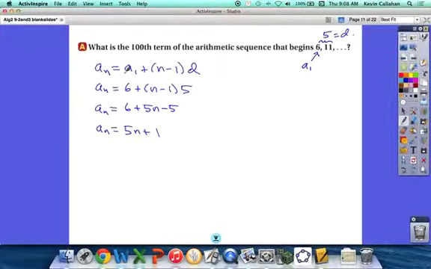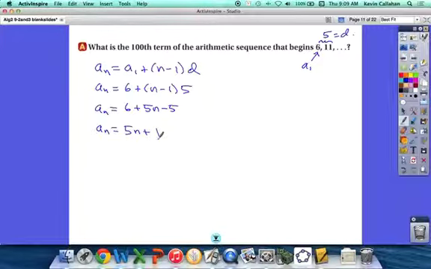I started with this, I plugged in a_1 and d, and I simplified. Distributive property, combine like terms. Five times n, 5 times -1, and then I added 6 minus 5 is 1.